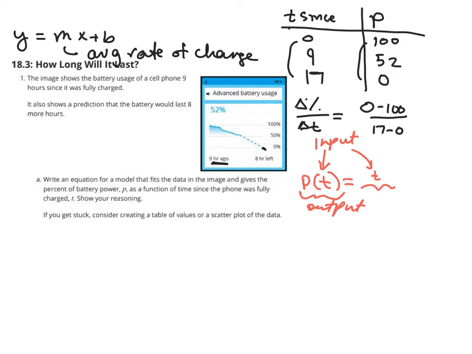So that would be negative 100 divided by 17. I get negative 5.9 for my slope. Okay, so the battery power is losing about 5.9% per hour.